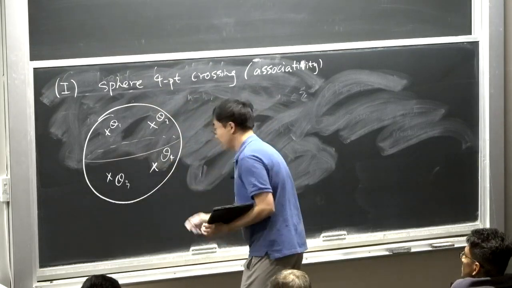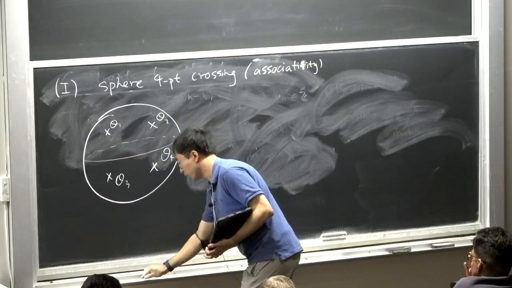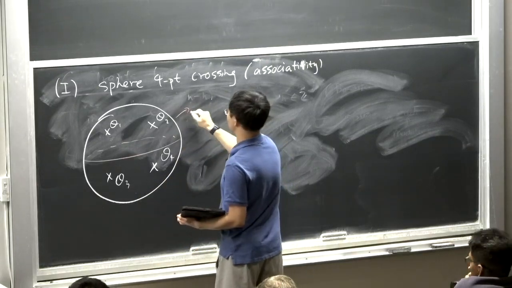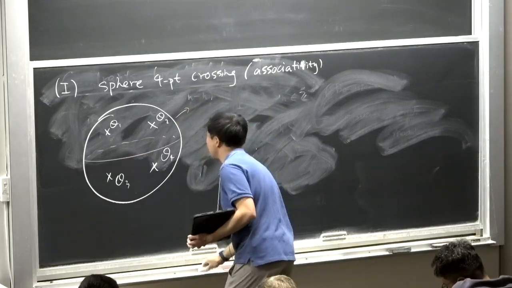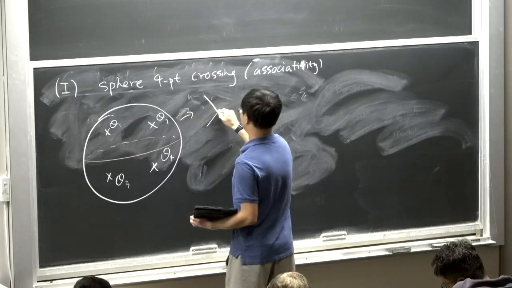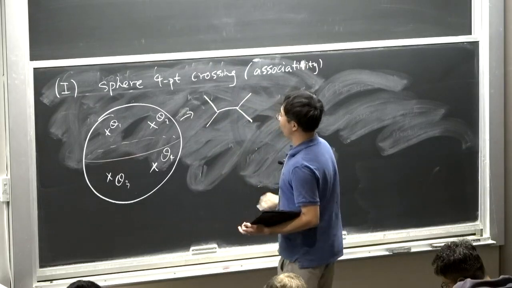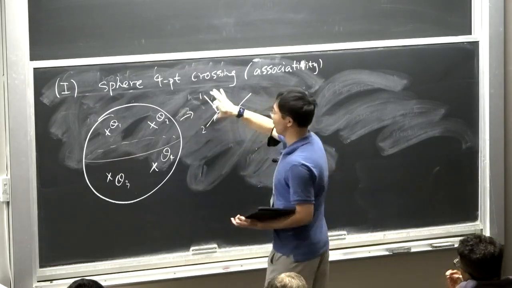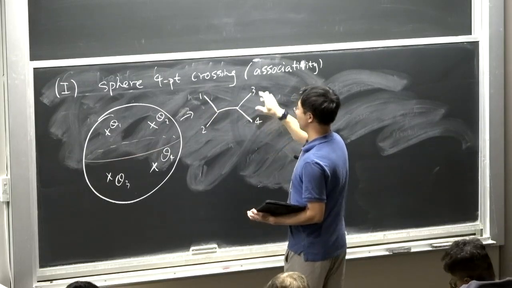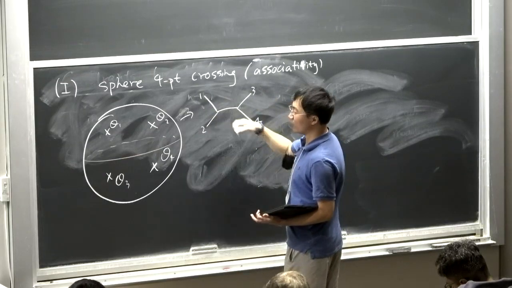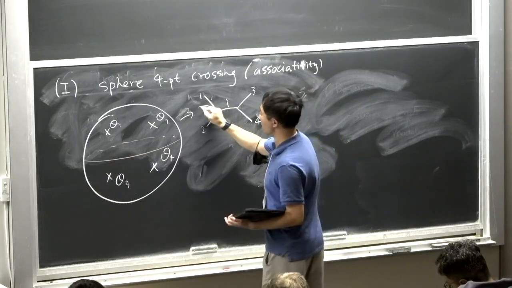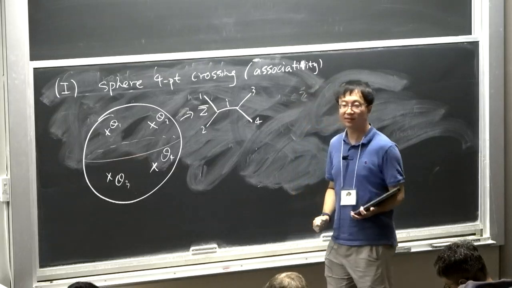Doing that, and doing the same for the state created in the bottom hemisphere, leads to this kind of diagram that you probably have seen many times if you have been to a bootstrap talk, where schematically you take the OPE of operators 1 and 2, take the OPE of operators 3 and 4, and the OPE is expanded into primary operators and descendants labeled by I, and you sum over all these blocks.